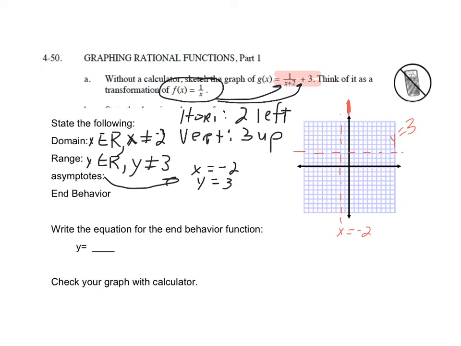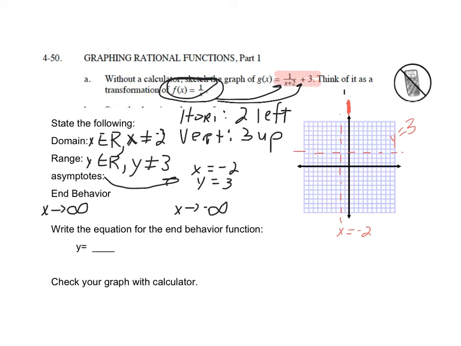The end behavior as x goes to positive infinity and as x goes to negative infinity, what's going to happen to my graph? Well, this is just a shift of 1 over x, 2 to the left and up 3.